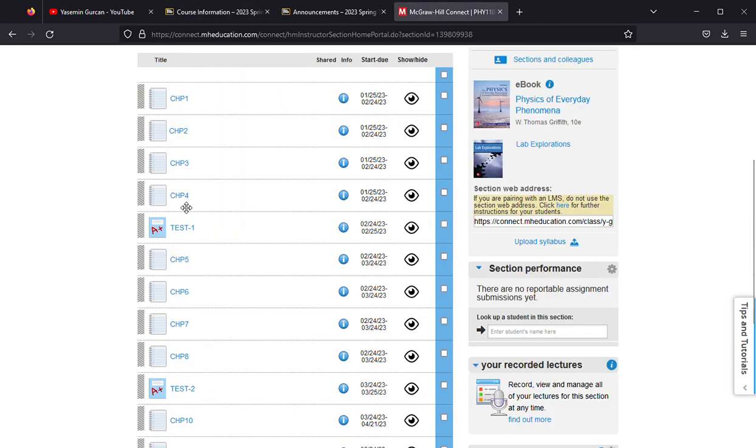So when you create a username and log in, you will see that you have 4 chapters. Due dates, I put them until the test 1 date. But again, please don't wait until the last week to do all the homeworks just before the test, because that's going to be a lot of things to cover, and I don't think you can really manage to do them all in 1 week.